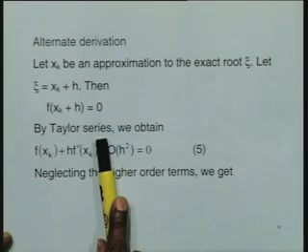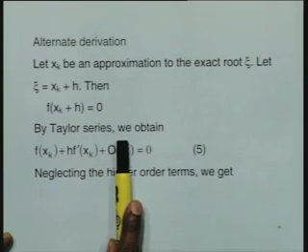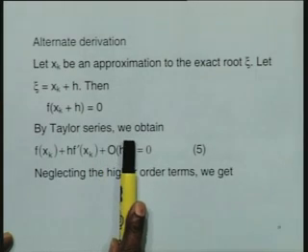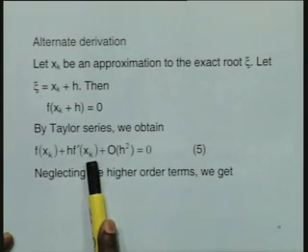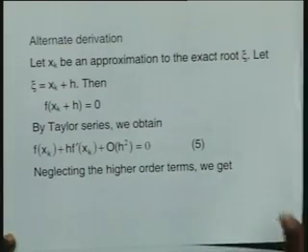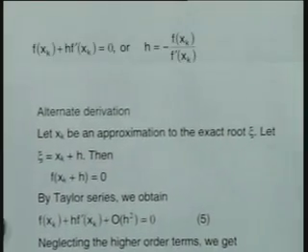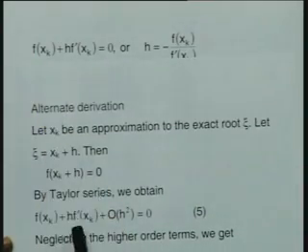That means I set all of them to 0, I neglect these higher order terms. If I neglect the higher order terms, what is left is f of xk plus h times f prime of xk only. So what I would get is f of xk plus h times f prime of xk is equal to 0.